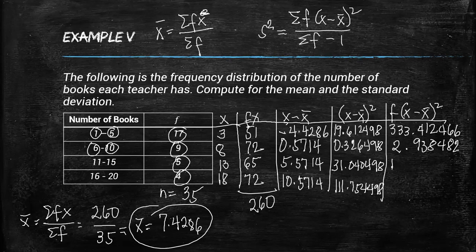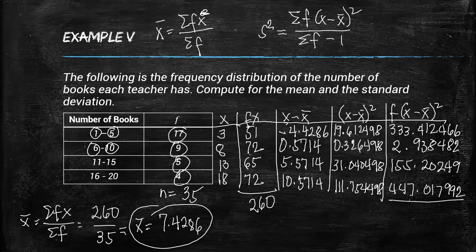So we have 155.20249. And lastly, 4 times 111.754498. So we have 447.017992. Okay, ipag-add lang po yan lahat.